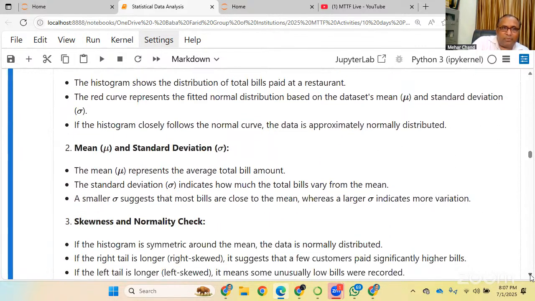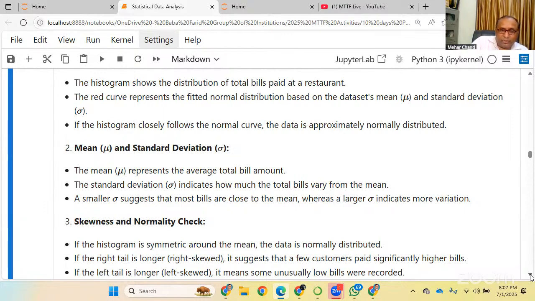Then we have the mean and standard deviation. The mean represents the average total bill amount, and the standard deviation indicates how much the total bill varies from the mean. Okay, and a smaller sigma, see the last line, a smaller sigma suggests that most bills are close to the mean, whereas a larger sigma indicates more variation.